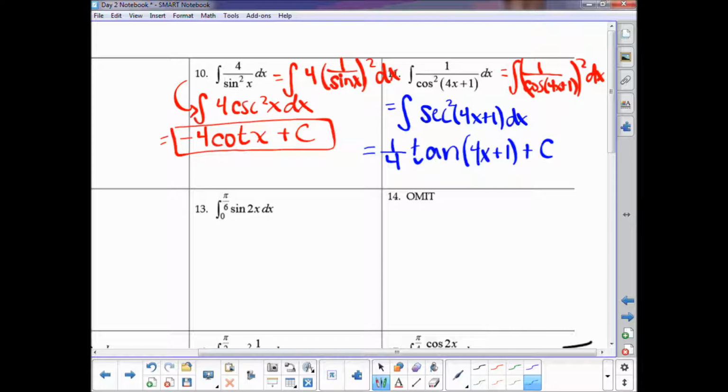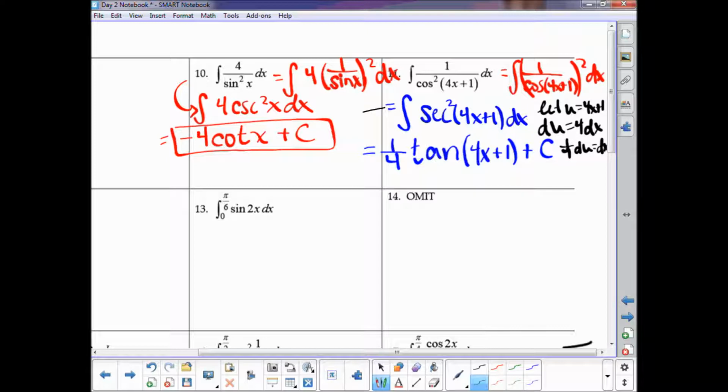Let me go ahead and do the u sub because I see a lot of you that are looking at me like I'm crazy here. I mean, that might be true in some cases, but right now it's not. So if I let u equal 4x plus 1, du would be 4 dx, which means 1/4 du is dx.